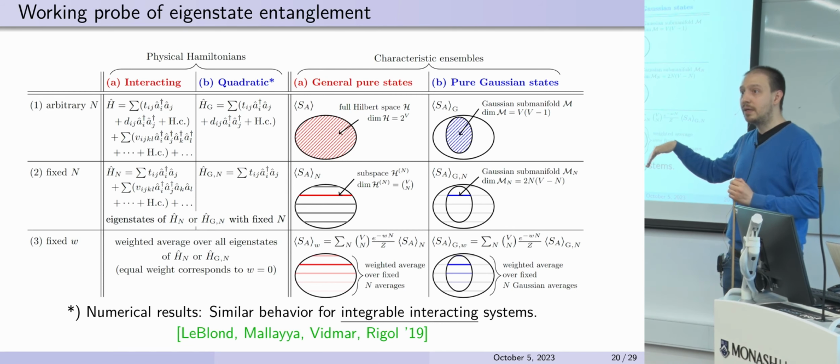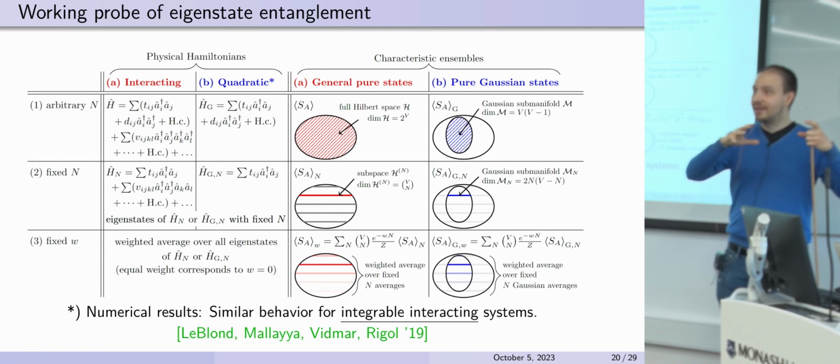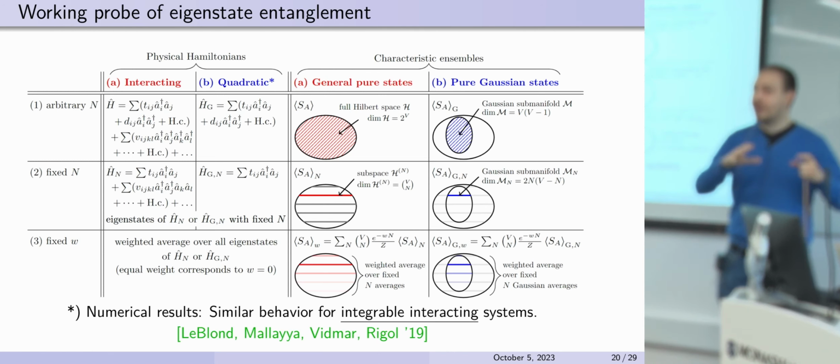But moreover, the philosophy here is also just seeing that we have this linear dependence on the subsystem size, which means in practice you don't even need to exactly compute analytically the reference ensemble, but just study the entanglement entropy as a function of the subsystem size.